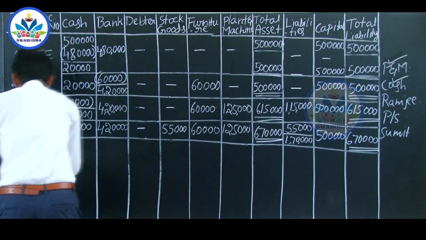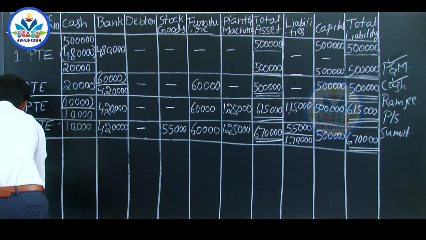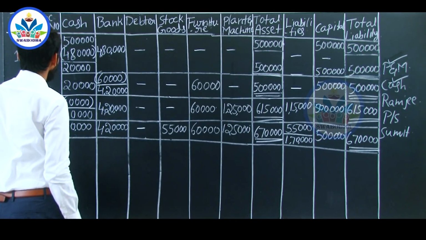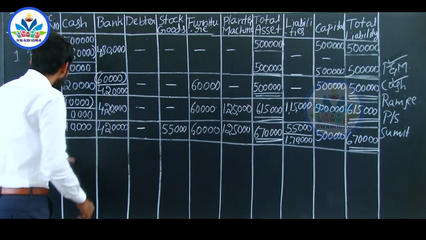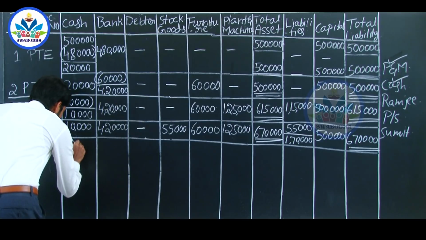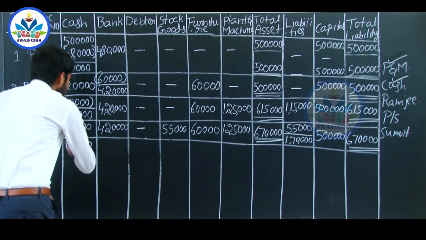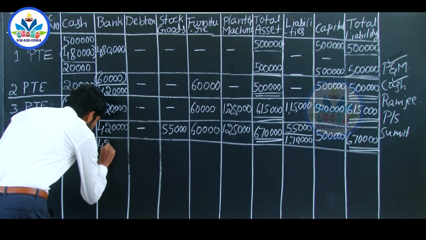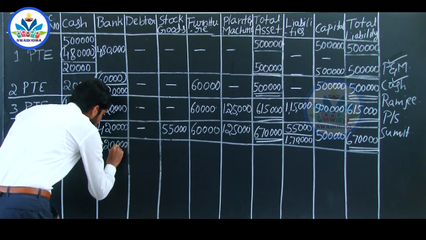So, fifth transaction, post transaction equation. There is no cash account involved, cash balance will remain same, 10,000. There is no bank account involved, bank balance 4,20,000.